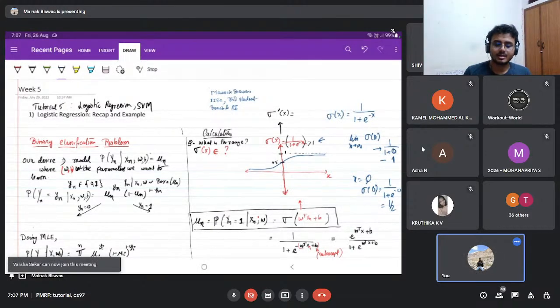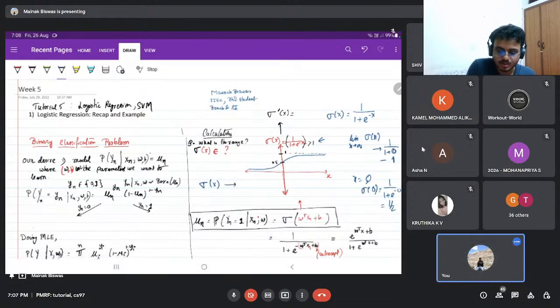Because if we model anything like sigma of x, this sigma will output any number on the real number line between 0 and 1. So this sigmoid function can give you a probability distribution for a Bernoulli variable, right?